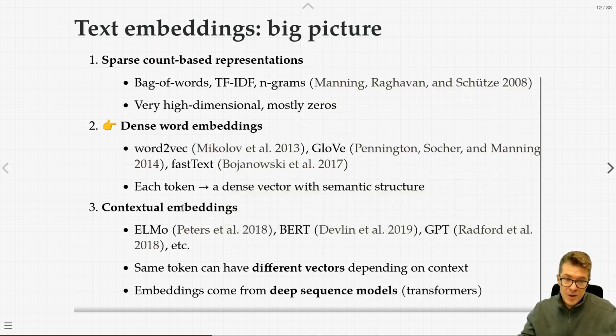You have contextual embeddings, which we'll talk about later, and we'll talk about why we need them in future modules. But the same word can be represented in many different ways depending on its context. We'll use the word play, for example.